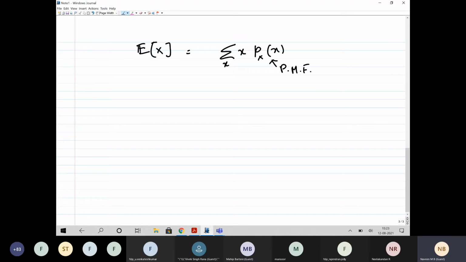In the case of Poisson, which is also a discrete random variable, this PMF is of the form e to the power minus lambda, lambda to the power k by k factorial. Again, you would have seen this in Aloha, computer networks, and so on.